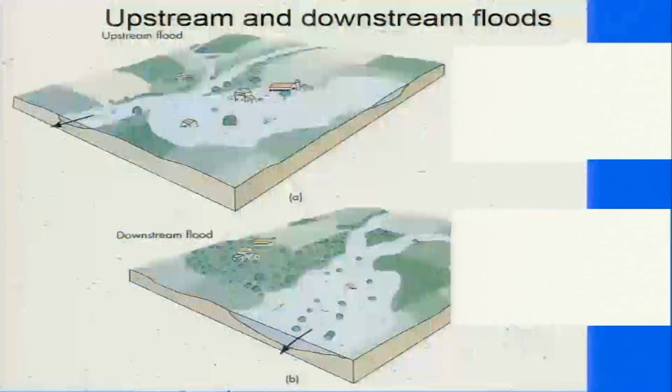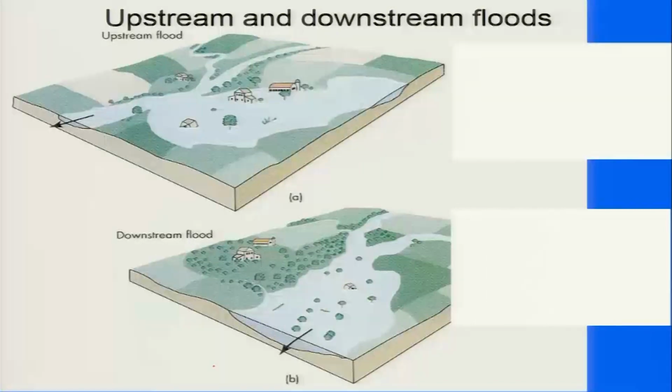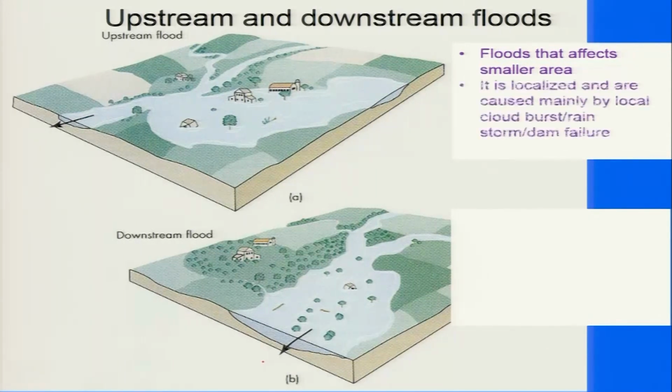Now coming to the flooding pattern in the upstream and the downstream. So usually we can classify this as an upstream flood and downstream flood. Floods that affect smaller areas are the upstream floods. They are localized and are caused mainly by local cloudburst, rain, storm or dam failure.